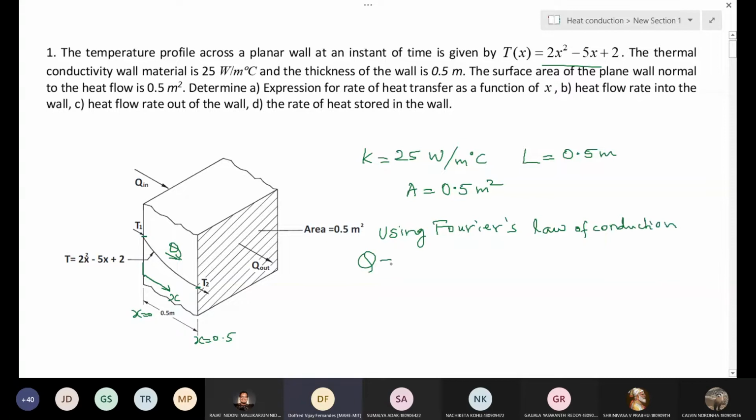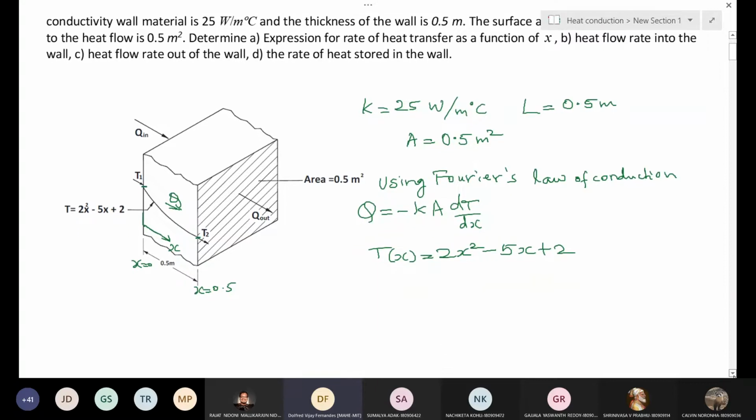You write Q equal to minus K A dT by dx. So T of x is given as 2x squared minus 5x plus 2. So we need dT by dx. So take the derivative.